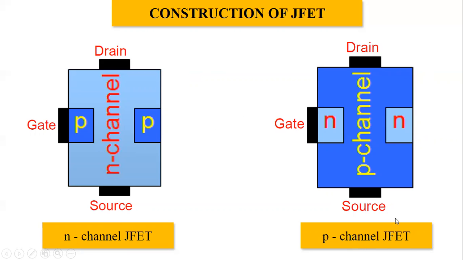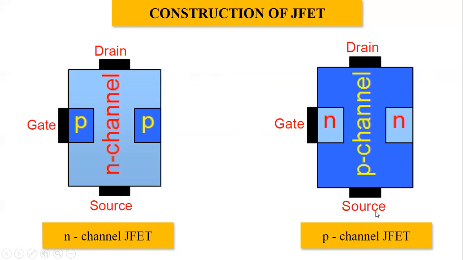Similarly, we have the P channel JFET. So we will be having a P-type semiconductor, and within this P-type semiconductor, we will implement N-type semiconductors right here. So we will put a drain terminal here and we will put a source terminal here, right?